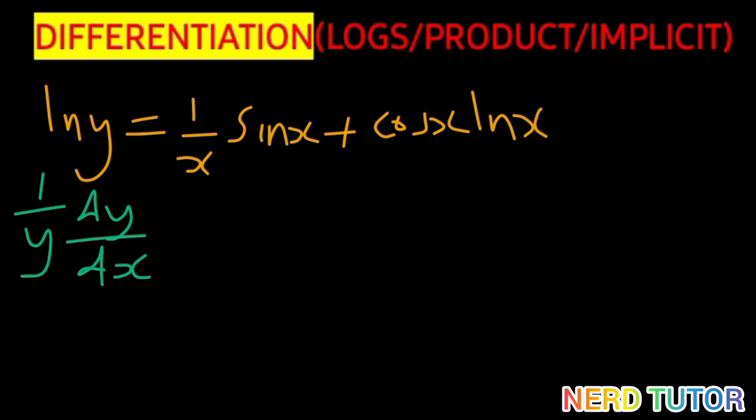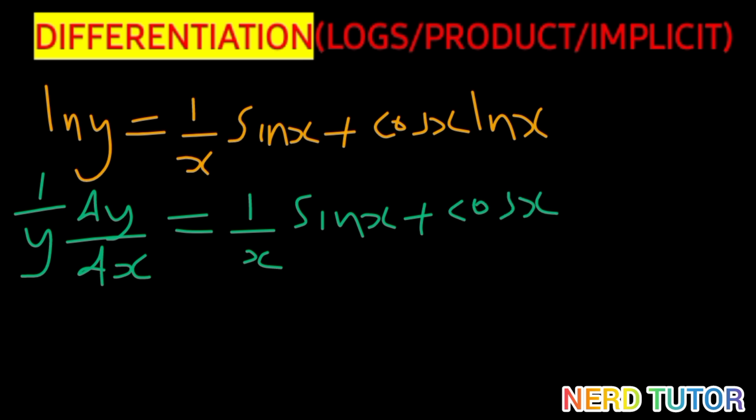Like that. So this will be equal to everything which is on this side, which is 1 over x sine x, then plus cos x ln x, like that. We are not done, but we are almost there. The only thing remaining is to make dy dx the subject.